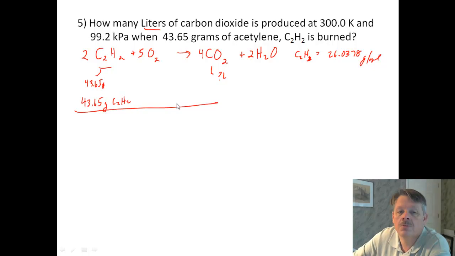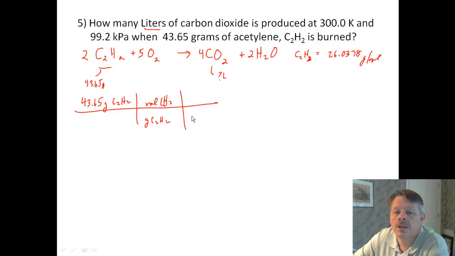We have to get rid of grams of C2H2 and go to moles of C2H2. And then we have to go from moles of C2H2 to moles of carbon dioxide. Cool. All right, so our moles of C2H2 to carbon dioxide is 2 to 4.